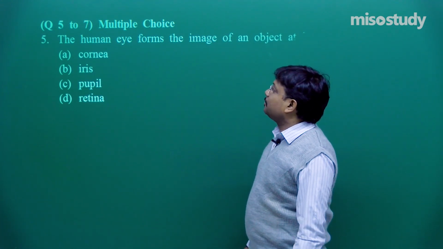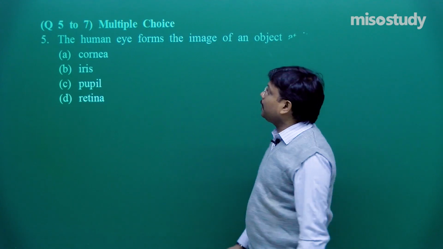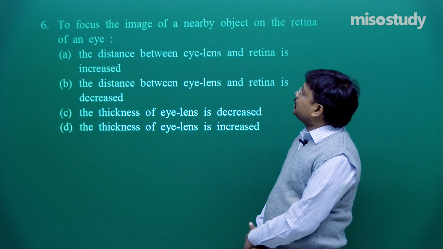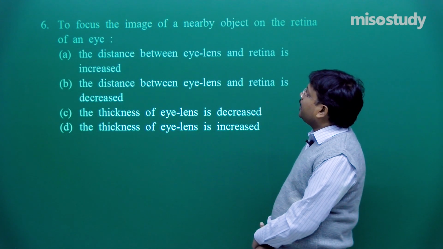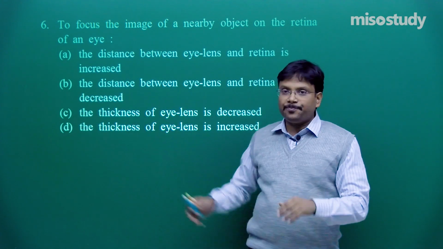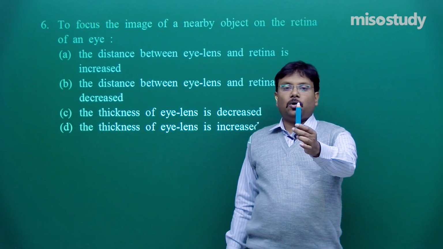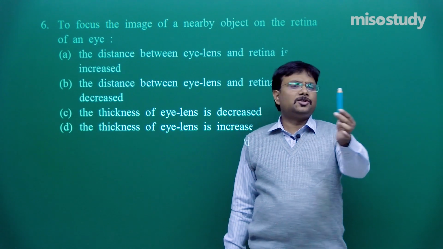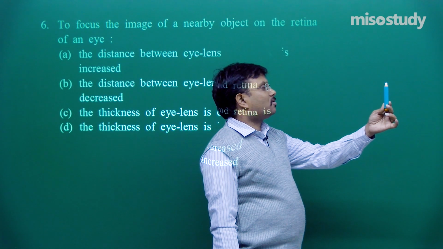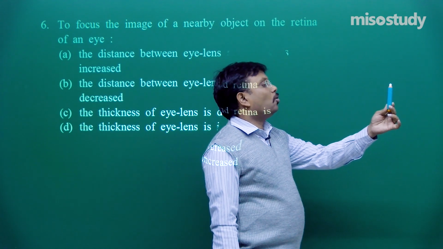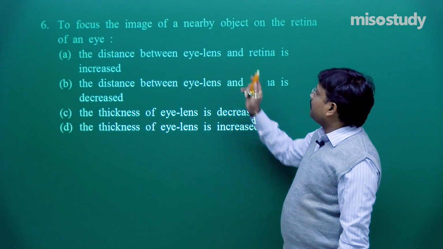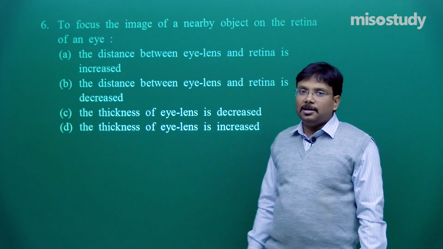Then the next multiple choice question, that is question number 6. To focus the image of a nearby object on the retina of an eye... Let's first understand. This is a chalk holder, a blue color chalk holder, situated nearby like this. Now if I want to focus on this blue color chalk holder, then the distance between eye lens and retina is increased.